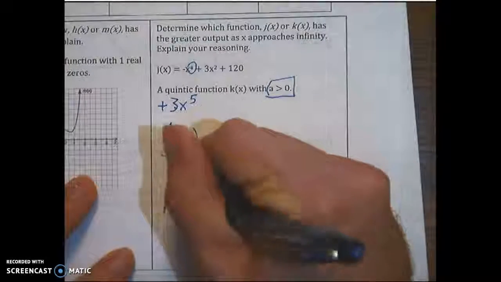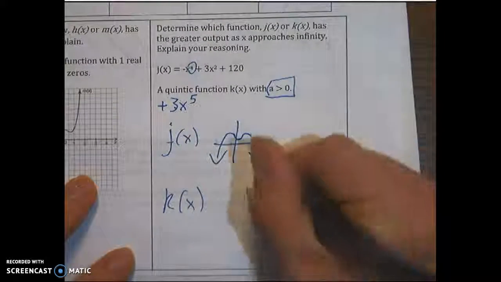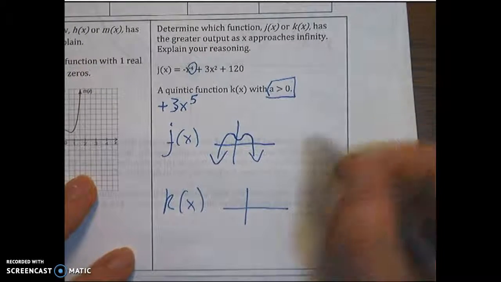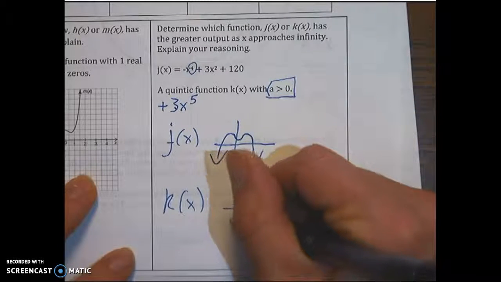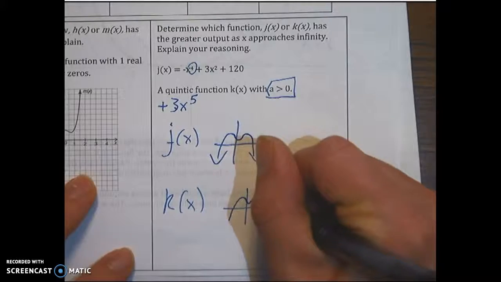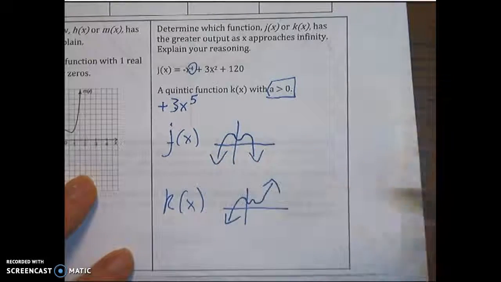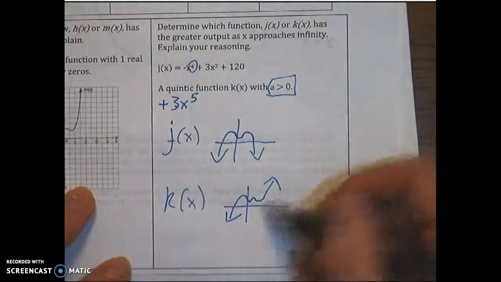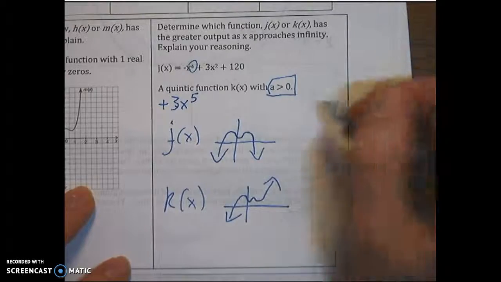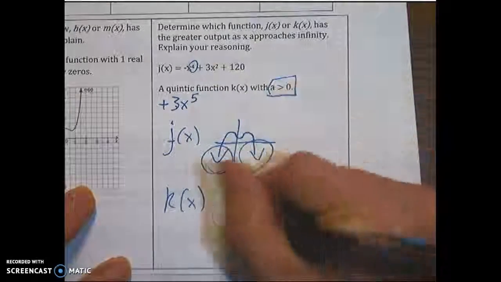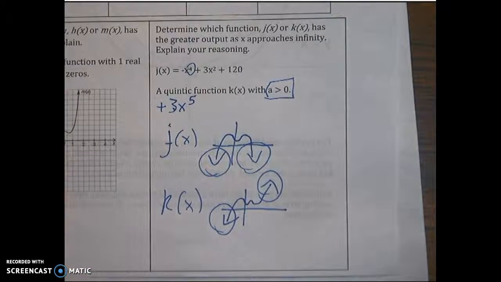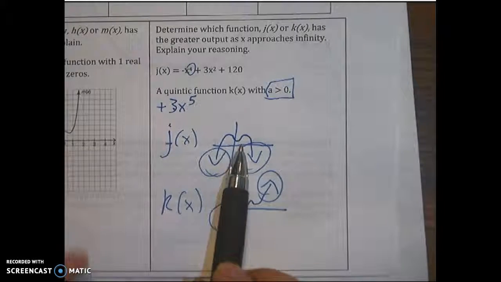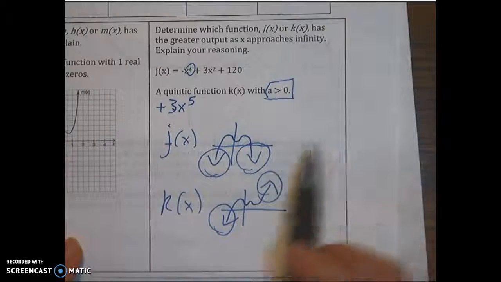And k of x, if it's quintic and it's positive, that means it's probably going to look something like this, probably. What's happening in between is not actually important. The end behavior is all we need to know to answer this question, because it says which one has the greater output as x approaches infinity. So as you move to the right, which one ends up with a higher value?